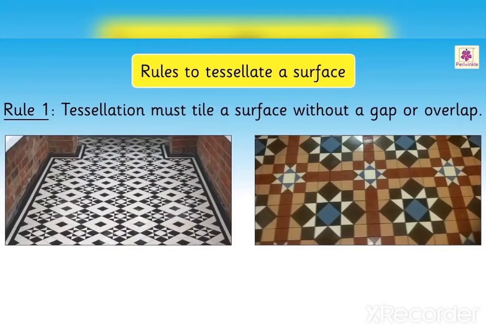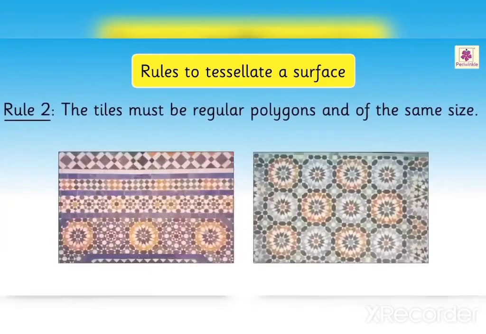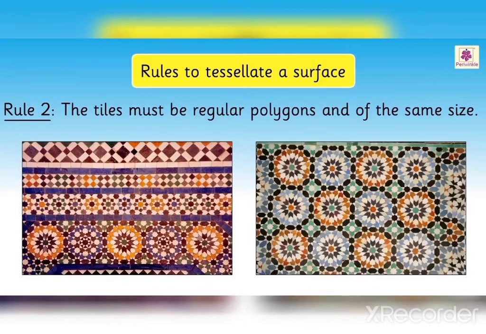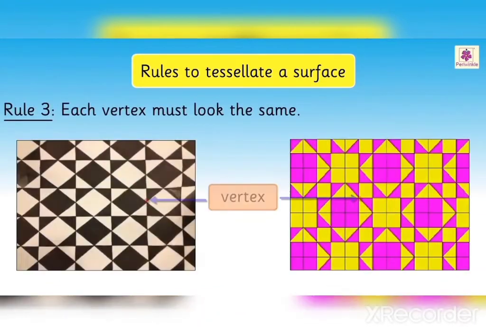Tessellation must tile a surface without a gap or overlap. Rule 2. The tiles must be regular polygons and of the same size. Rule 3. Each vertex must look the same.